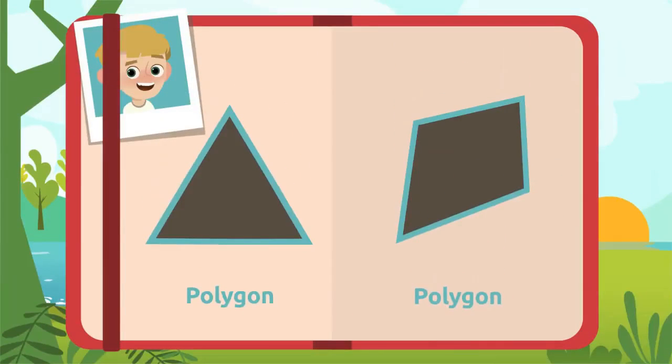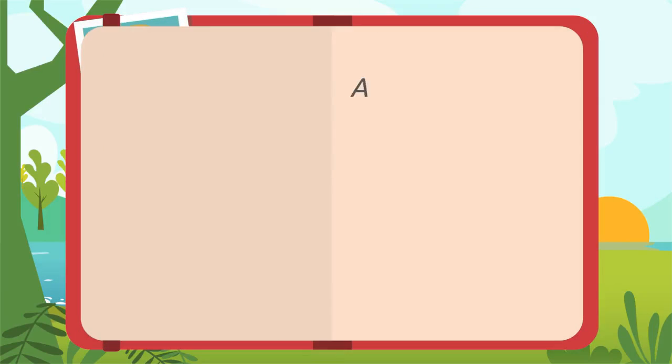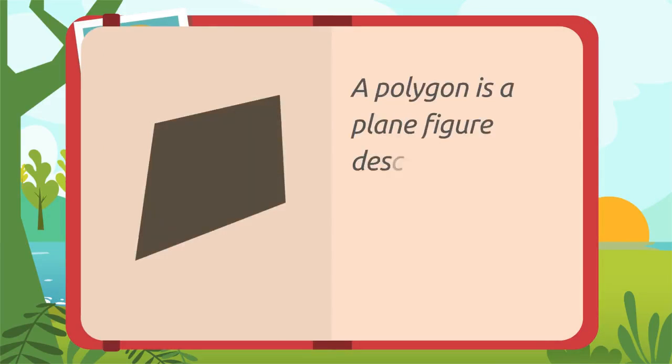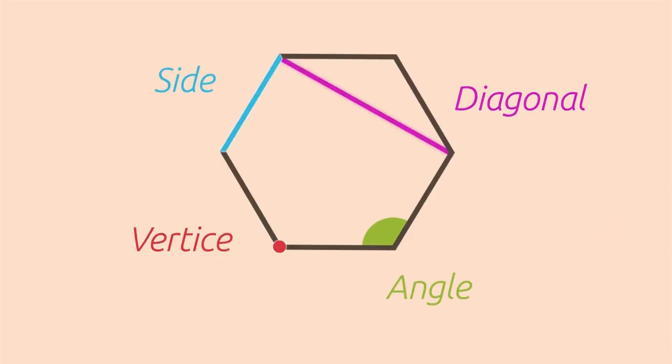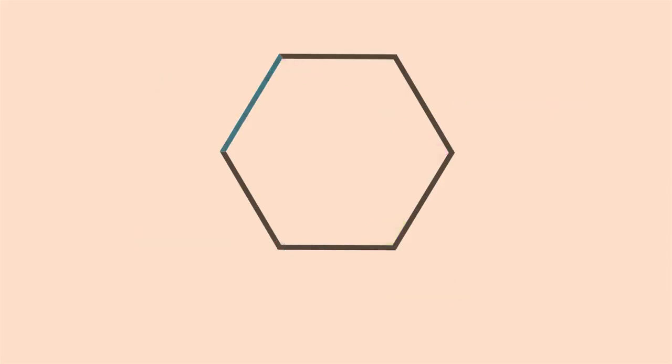Let's recap everything we learned about polygons. They are plane figures described by a closed polygonal line. They are formed by parts: sides, vertices, angles, and diagonals.